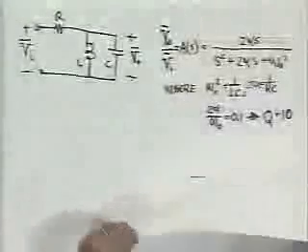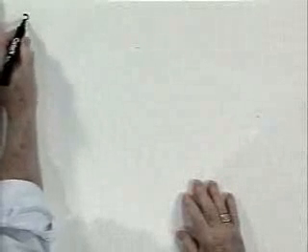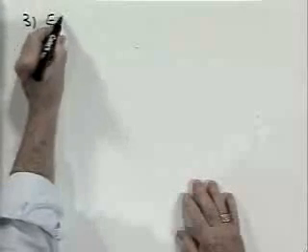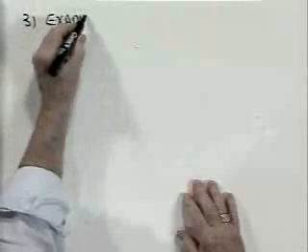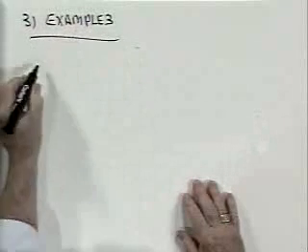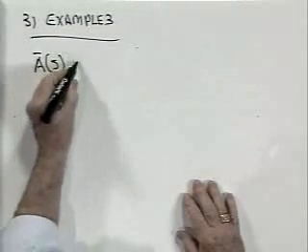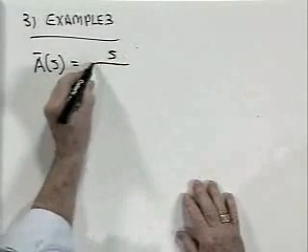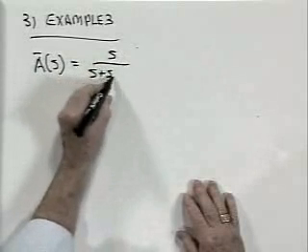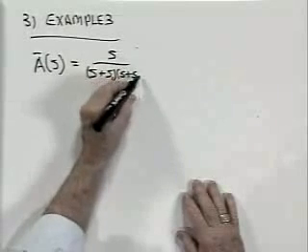I'd like to talk about just one more example, not in all the detail that we did it here, but just to illustrate a different possibility. This is example number 3. It is a transfer function A of s, of the form s over (s plus s1) times (s plus s2).